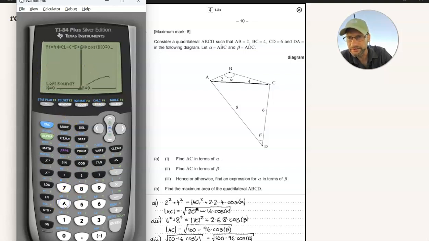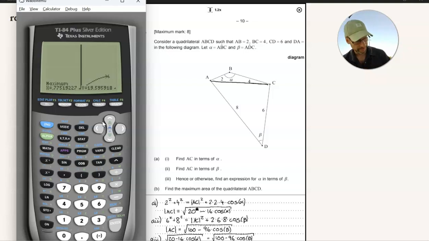So we press 4, and the left bound, let's move a bit closer, is here. And the right bound, we just go a little bit to the other side here, and then we guess around here. Then we get that the maximum is when the angle beta is actually equal to 0.775, but that's not what they're asking. They're asking what's the maximum value of the area, and that's the y coordinate.